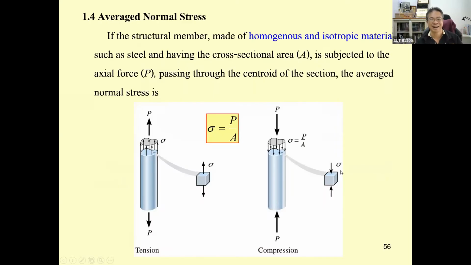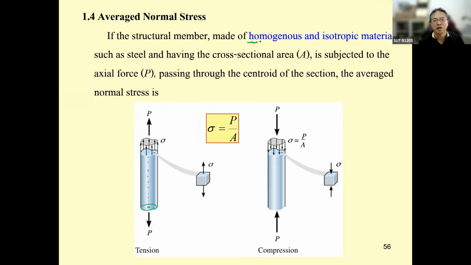Okay, for the definition that I just said, the force applied passes through the centroid of the section.